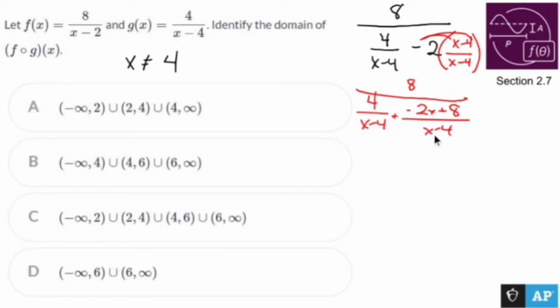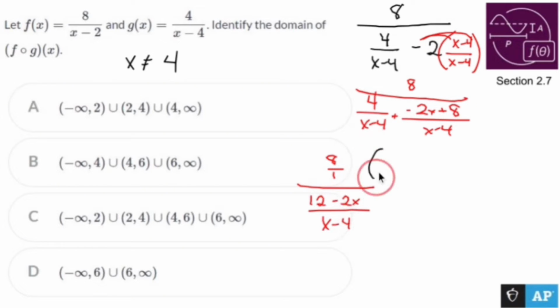Now that I have the same denominator downstairs, I can combine the numerator, so 8 still lives upstairs. Okay, 4 minus 2x plus 8 is 12 minus 2x over x minus 4. Now, I'm going to quick move this 8 up here and put it over 1 so I can visualize a fraction over a fraction. Whenever you have a fraction divided by a fraction, multiply the top by the reciprocal of the bottom.